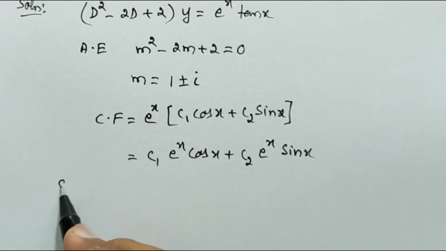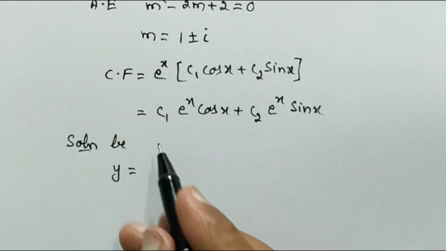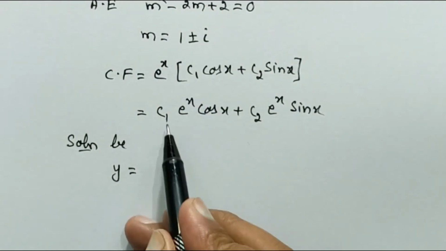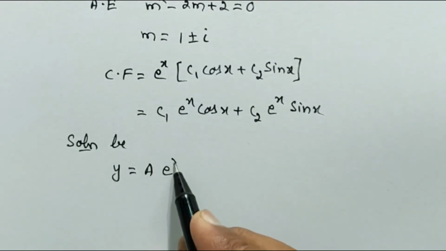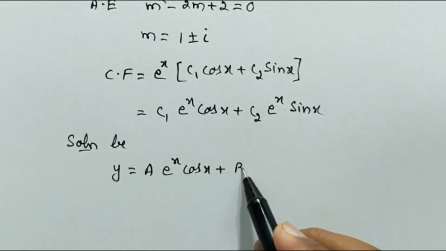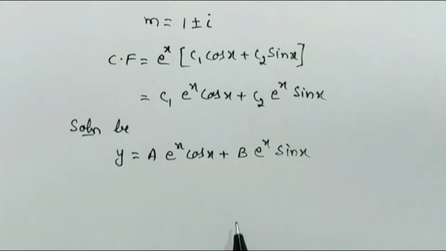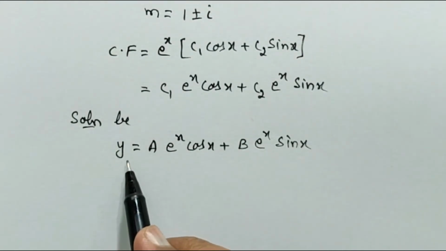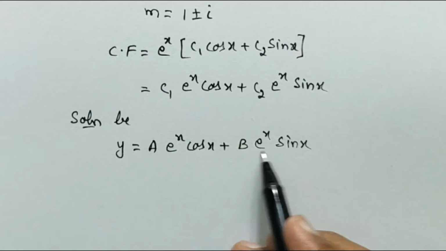Now for the method of variation of parameters, the value of c1 can be replaced by a, and c2 by b. So the solution is y is equal to a times y1 plus b times y2.